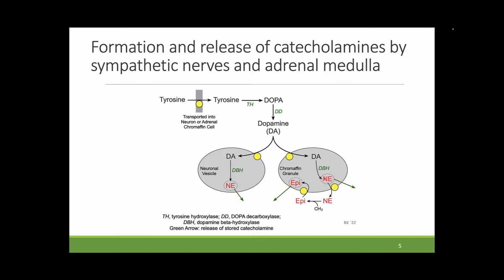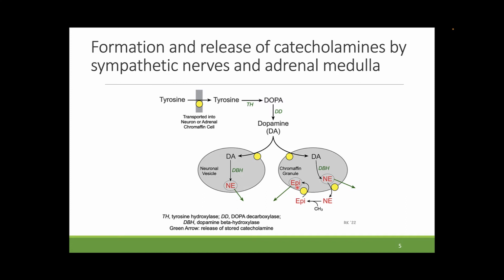Now, some of this norepinephrine is packaged for subsequent release by these granules, but additional norepinephrine is transported out of the granule into the cytoplasm, where it's acted upon by another enzyme that causes the methylation of norepinephrine, and the addition of that methyl group transforms it into epinephrine. And epinephrine then is transported back into the chromaffin granule, where it is stored for subsequent release.